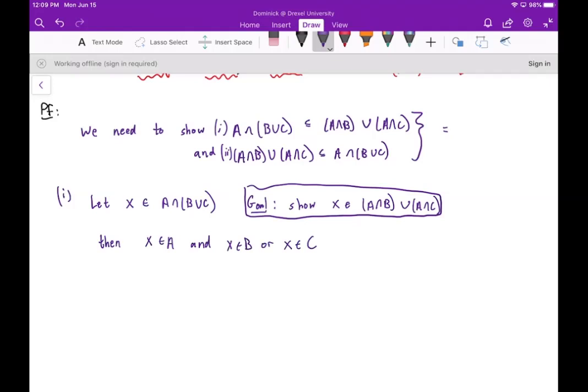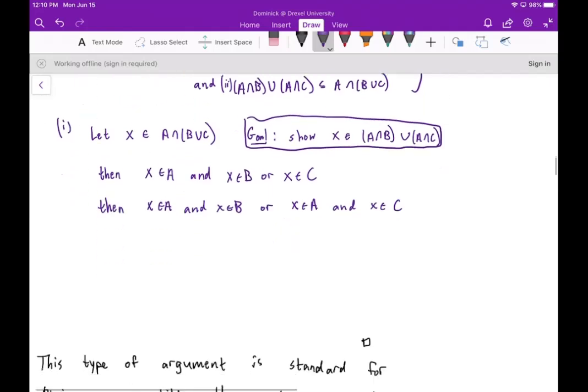And now we sort of have two cases, because we either have that x is in A and x is in B, or x is in A and x is in C. Right? So we're sort of using the definitions of intersection and union here to write out in words what's happening. And this is sort of flowing by logic so far.